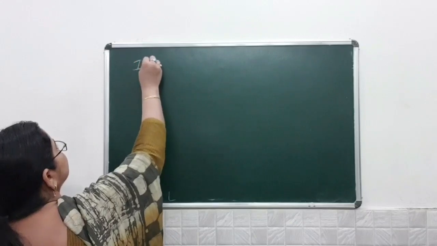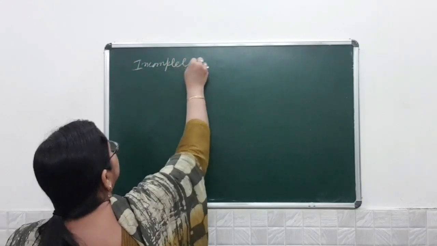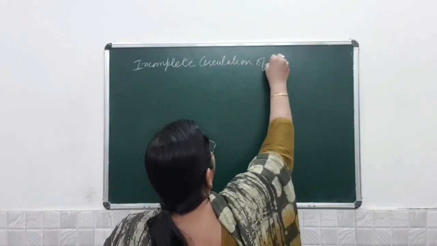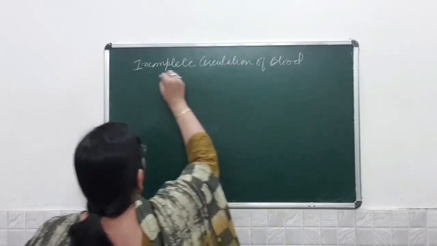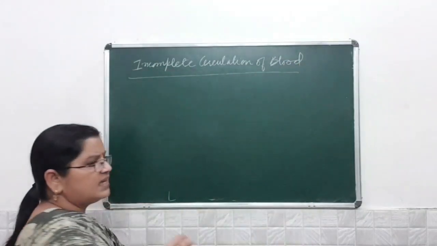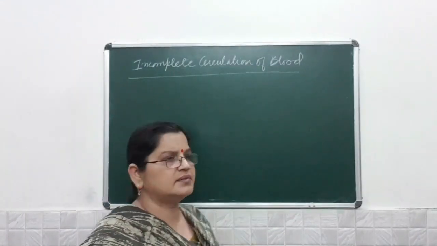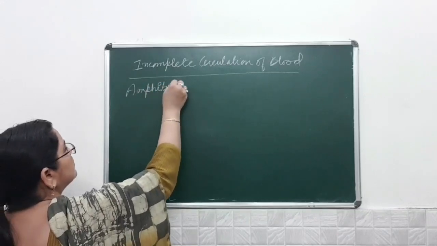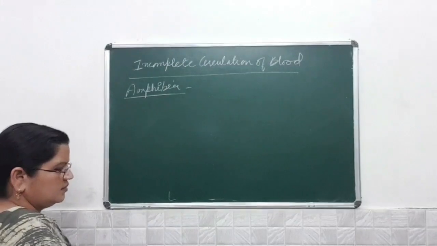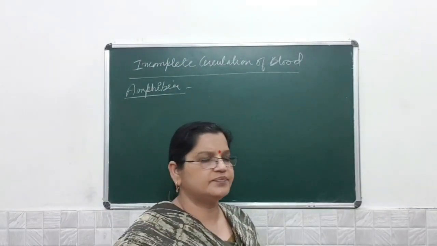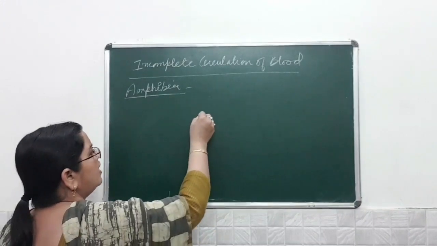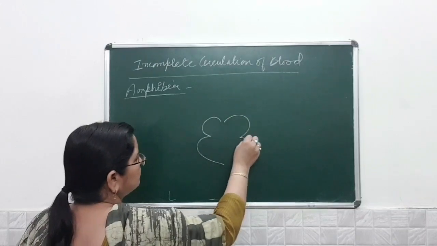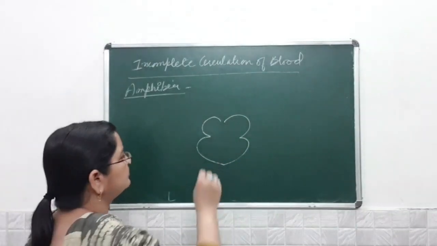Incomplete circulation of blood is seen in amphibians, such as frog, hyla, toad, etc., in which a three-chambered heart is present.